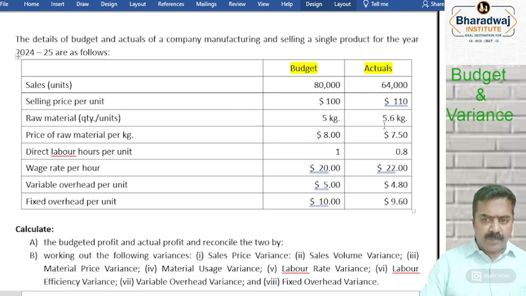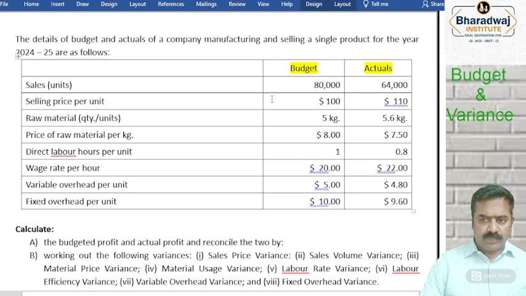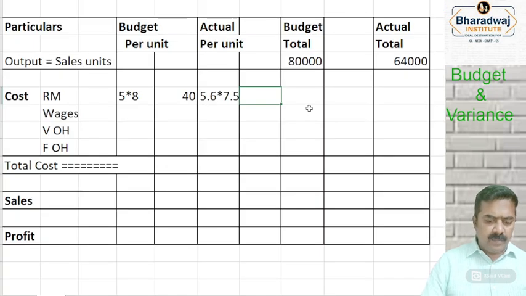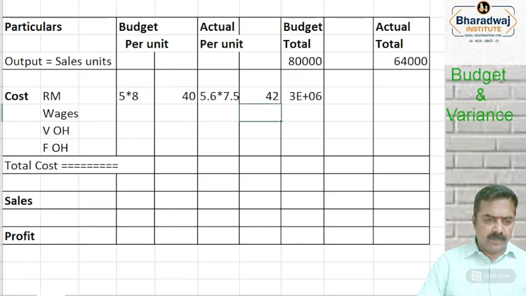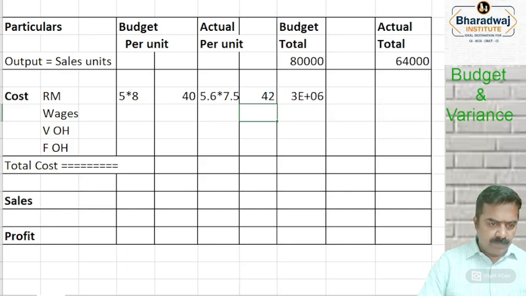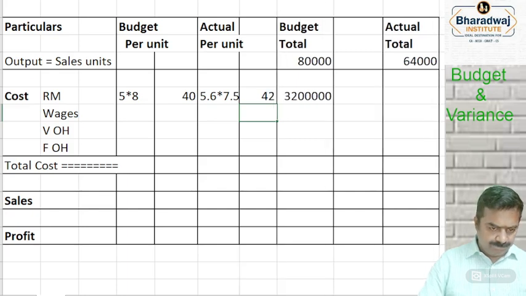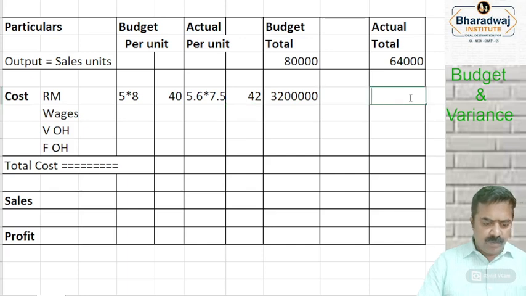Actual is 5.6 into 7.5, which will be 42. So for the budget, we multiply 80,000 into 40, and for the actual, 64,000 into 42.